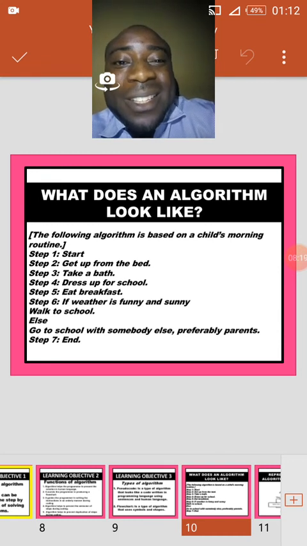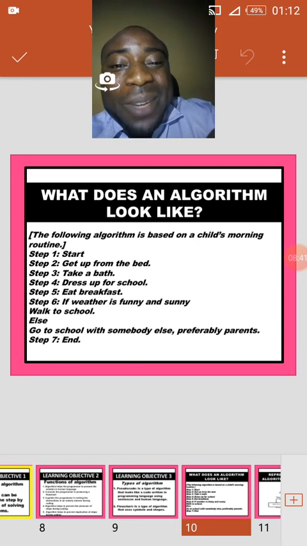Step 1, start. Step 2, get up from the bed. Step 3, take a bath. Step 4, dress up for school. Step 5, eat breakfast. Step 6, if the weather is sunny, walk to school; else, go to school with somebody else, preferably parents.